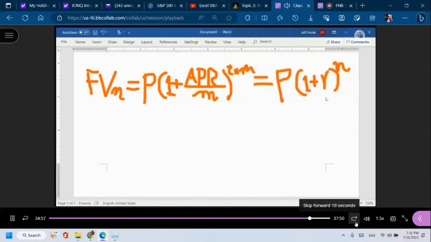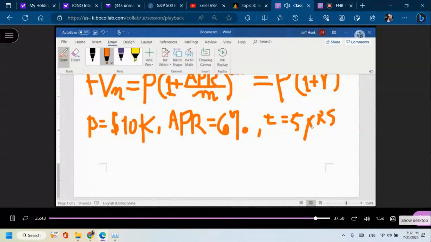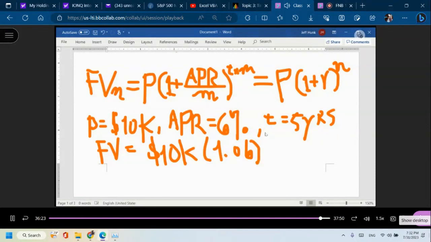In other words, previously, if P is 10K, our APR was 6%, and T was 5 years, then when the compounding frequency was 1, in other words annual, you would write future value will be 10K times 1.06, 6% is 0.06, raised to 5, if M is 1.